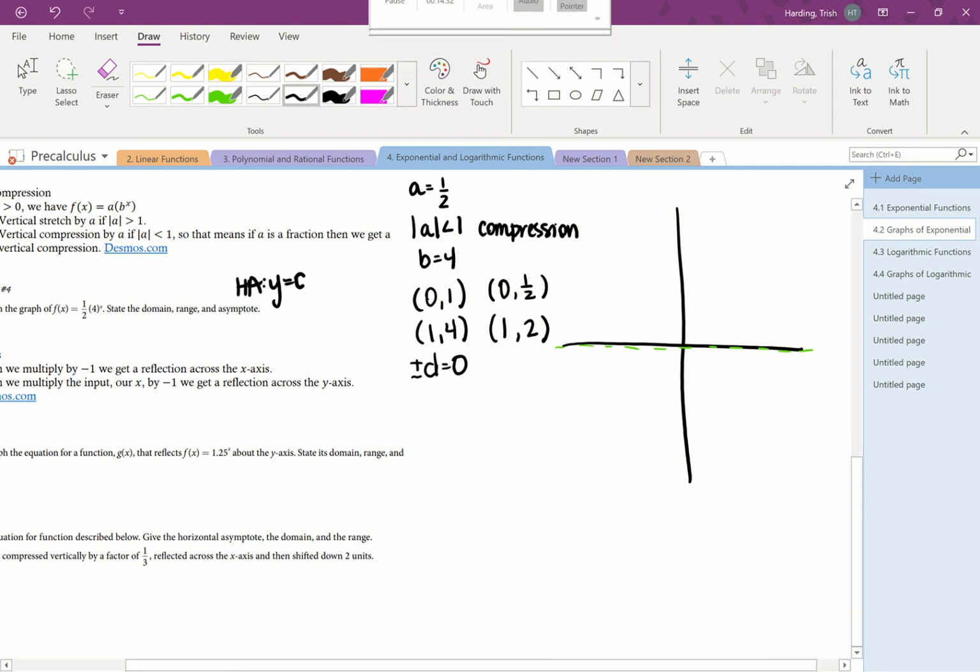Okay. All right. So of course the domain is all real numbers. The range here is d to infinity, and our d here is 0.